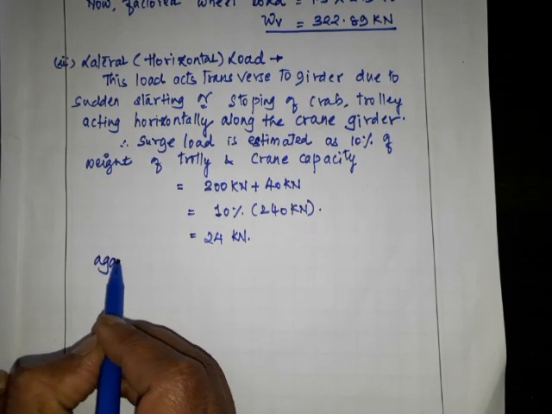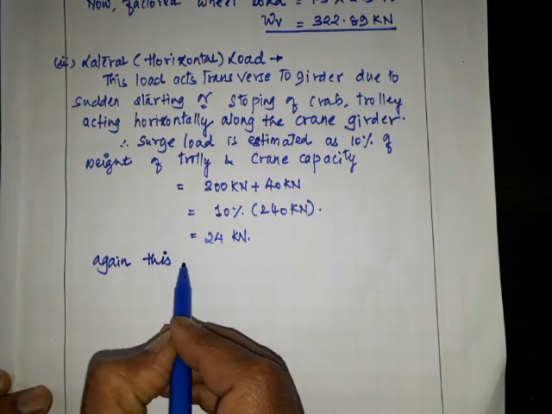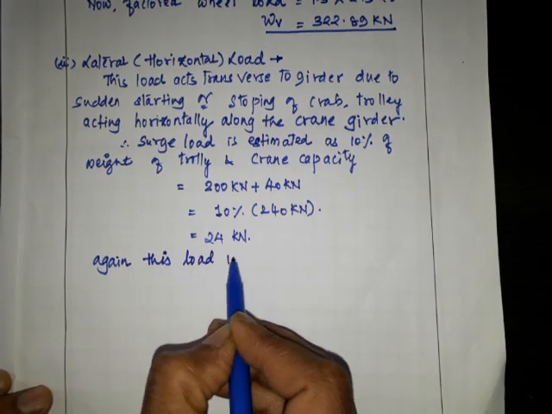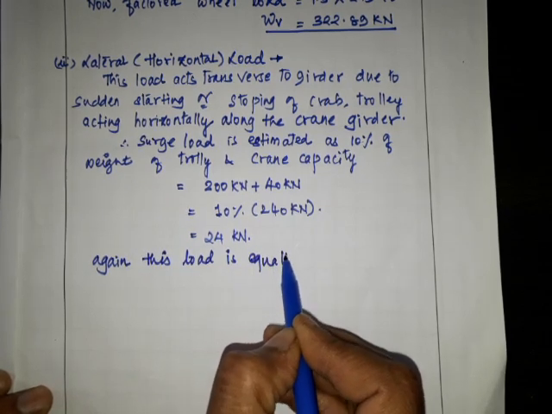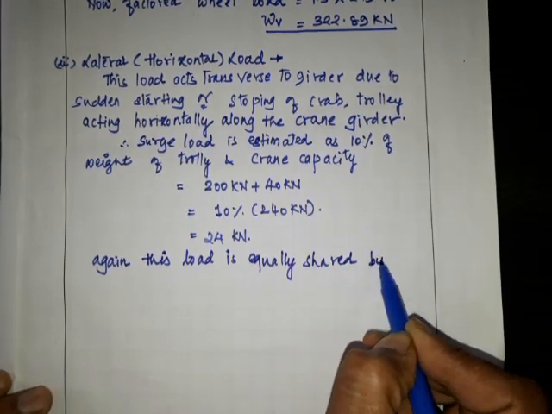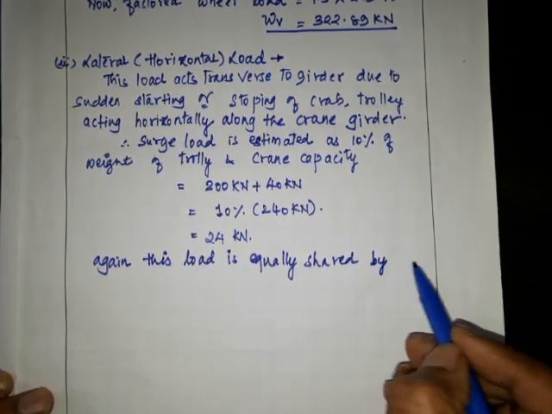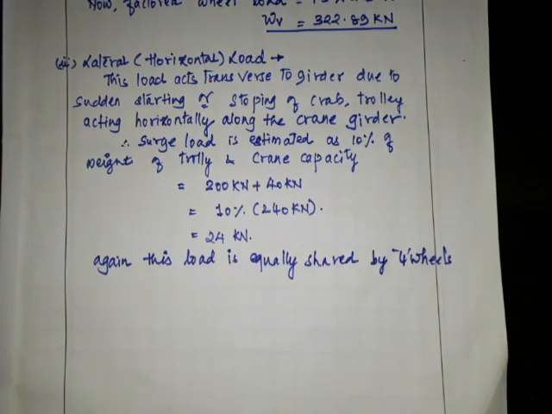Again, this load is equally shared by four wheels, correct? Because two cranes mean 4 wheels. The trolley is moving over the crane, so the load has to transfer through the crane.